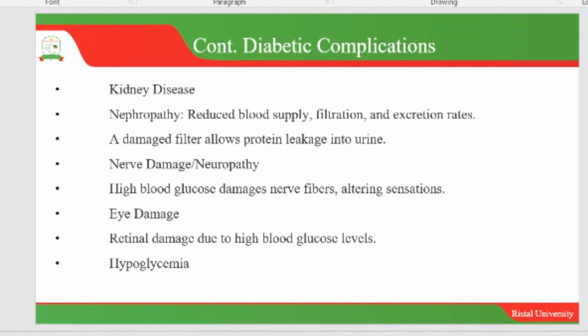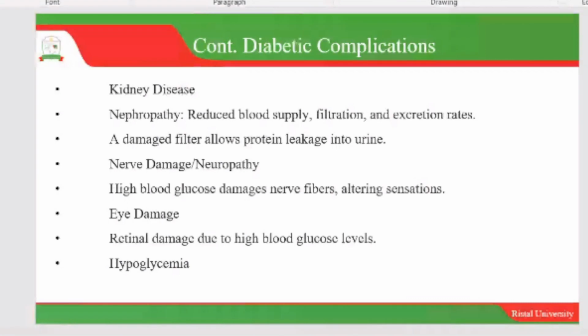Nephropathy, there will be reduced blood supply, filtration, and excretion rates, which is referred to as nephropathy. Then a damaged filter allows protein leakage into the urine. So when the urine is tested for proteins, it will read positive.